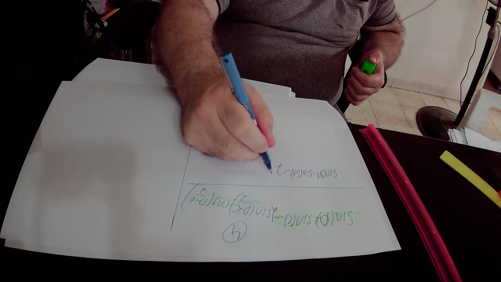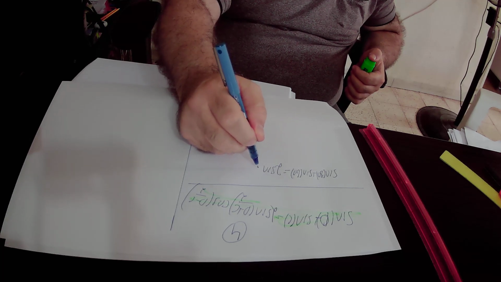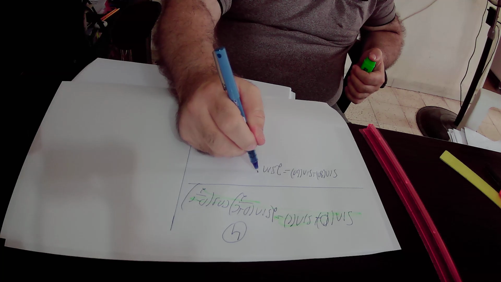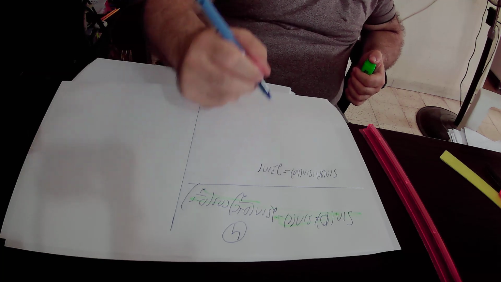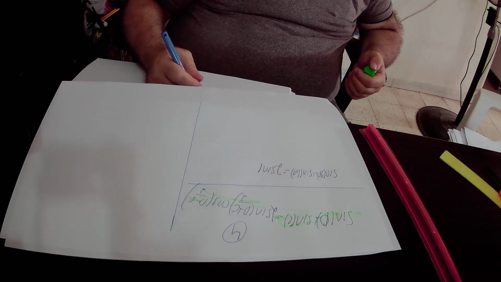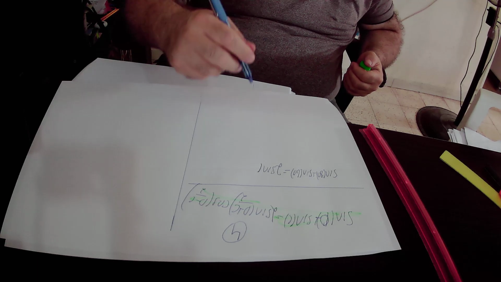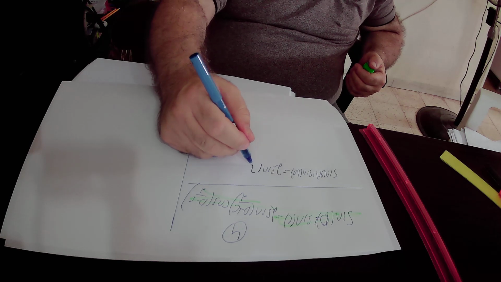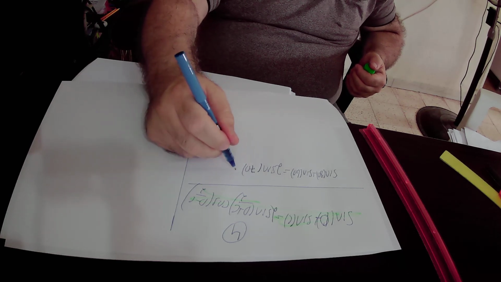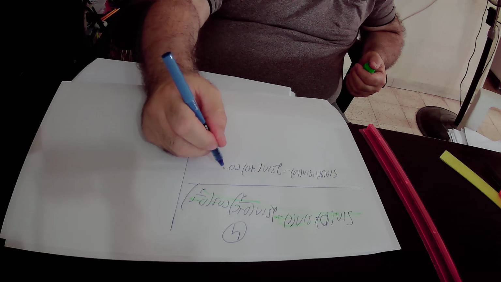According to this identity, sine 80 degrees plus sine 60 degrees will be equal to 2 times sine (D plus C) over 2. D is 80, C is 60, therefore D plus C is 140, and 140 over 2 is 70 degrees, times cosine (D minus C) over 2.